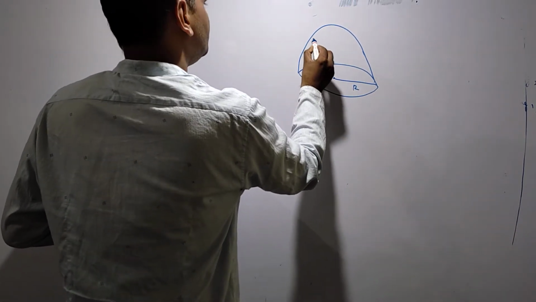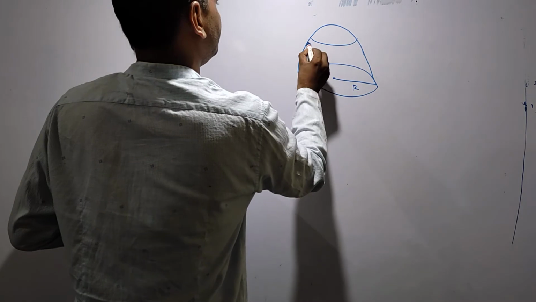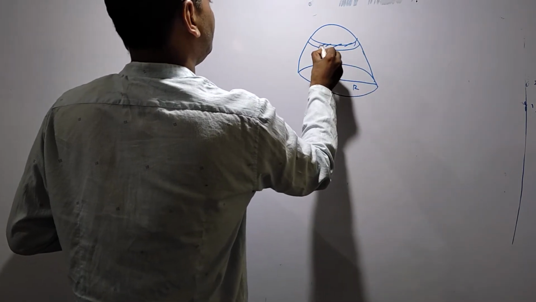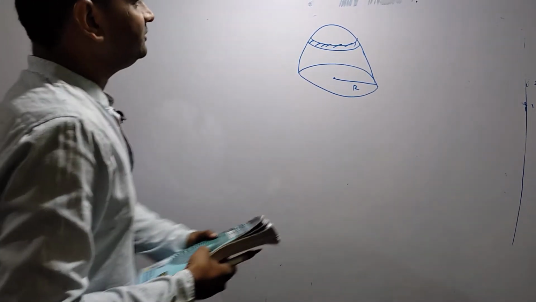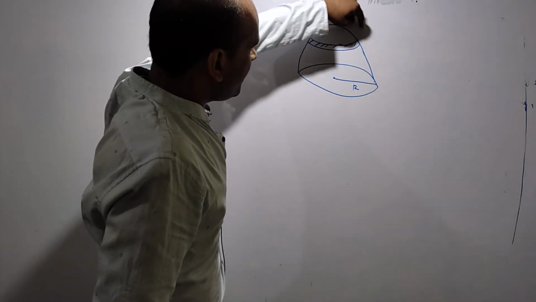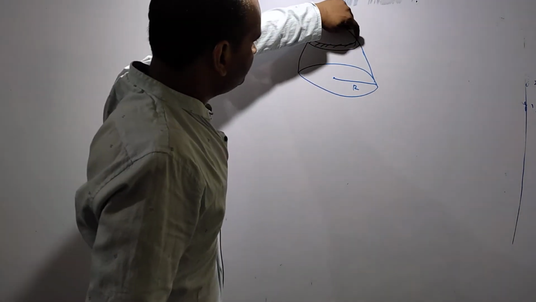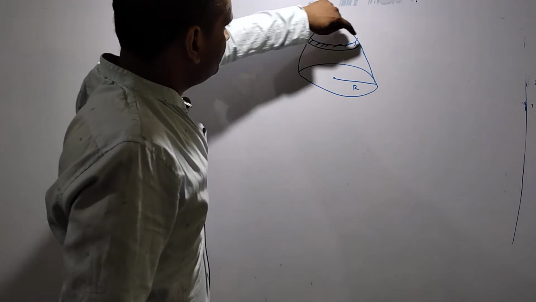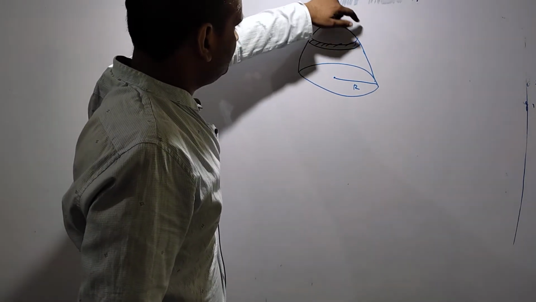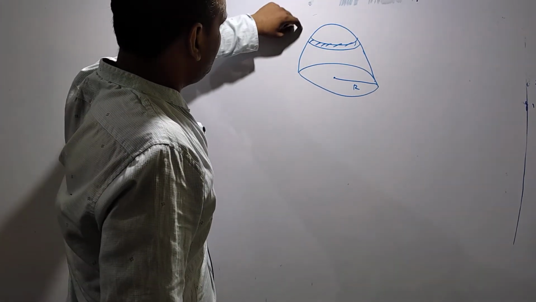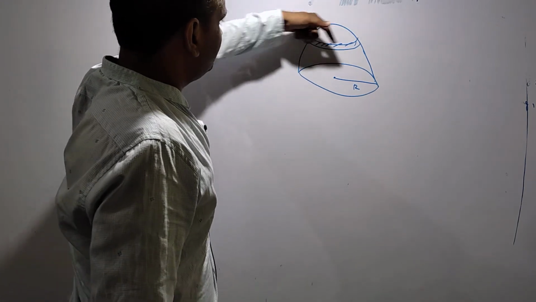So we take an elementary ring. This is the ring. When you go behind this hemisphere, you will find the total perimeter about this surface.